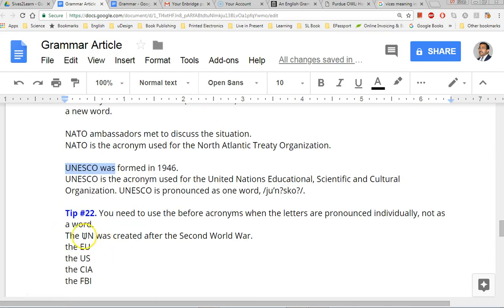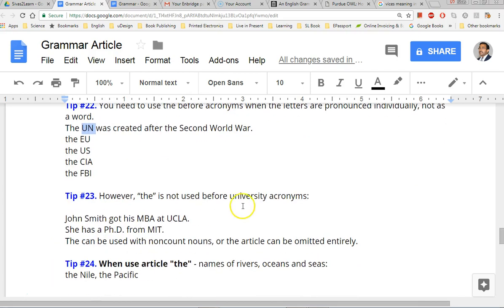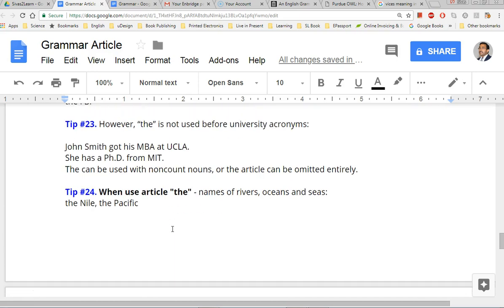But if you use UN, if before the acronym the letters are pronounced individually, then you have to use "the." The UN, the EU, the US, the CIA, the FBI, right? So "the" is not used before universities when they are used as acronyms but pronounced individually as letters. For example, MBA, UCLA, MIT, don't use it, okay?